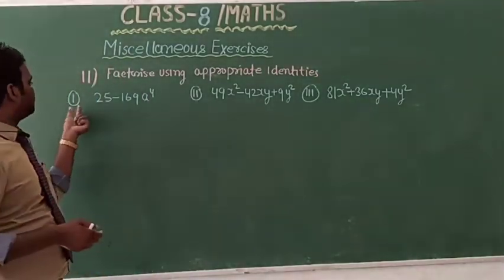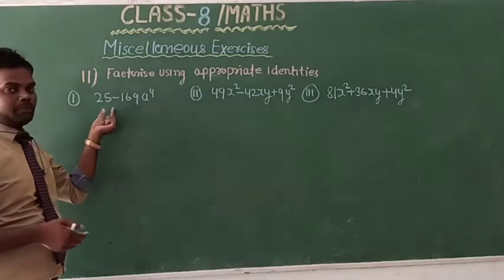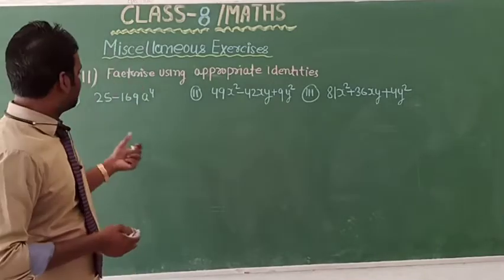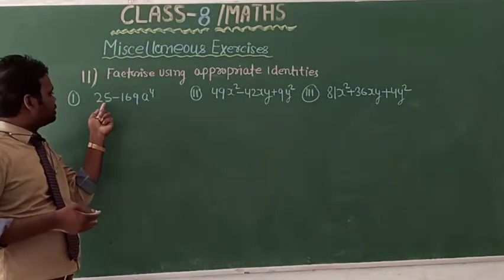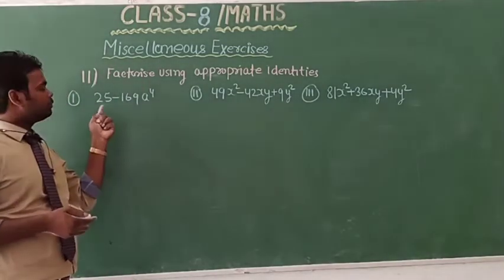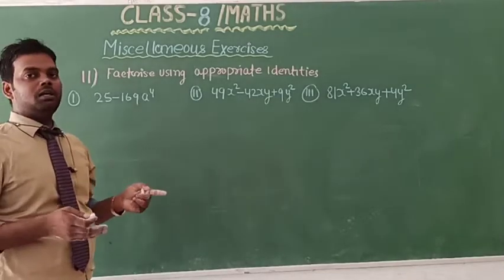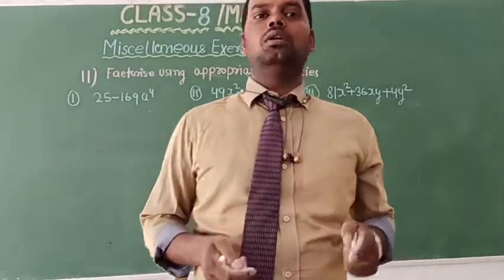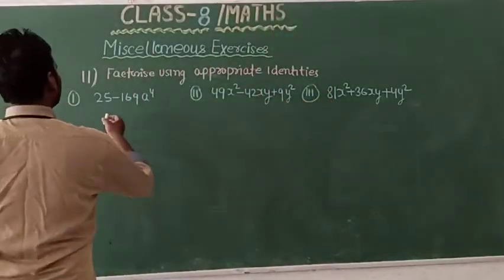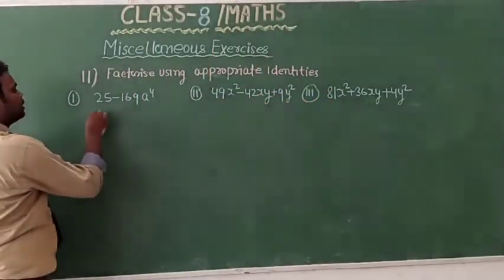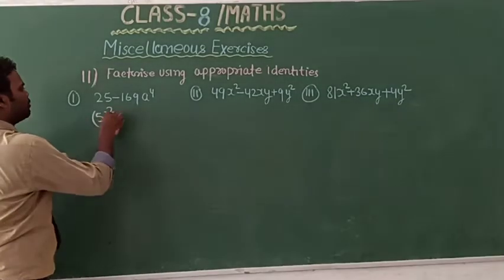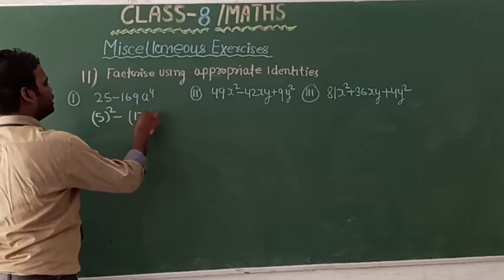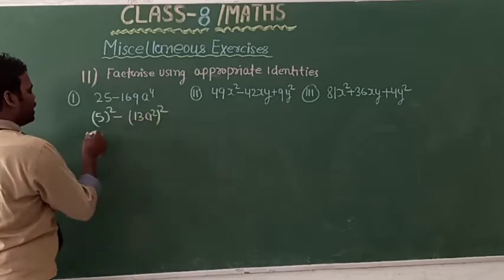So the first part is 25 minus 169 a to the power 4. Its first and second terms are perfect square numbers. So this is written as 5 square minus 13 a square whole square.